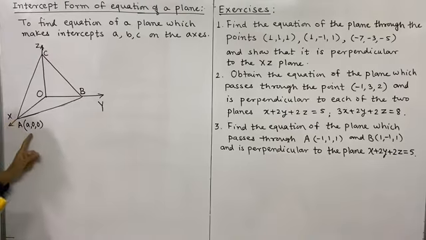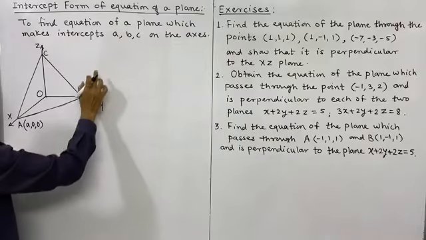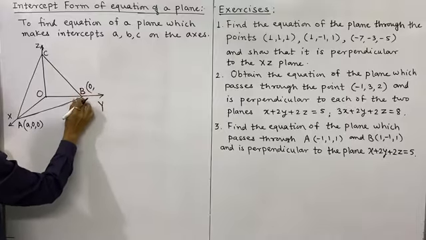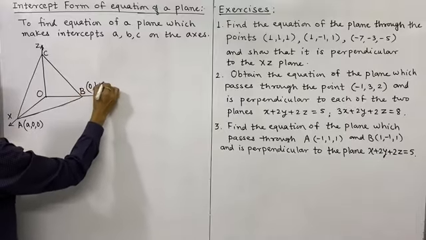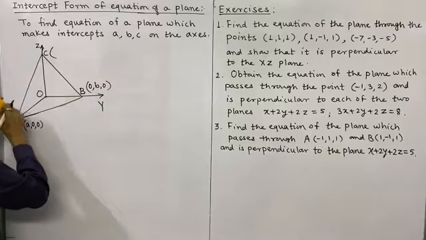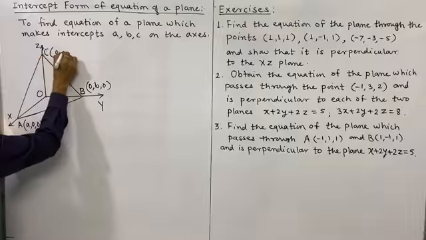On the x-axis the y coordinate is 0, the z coordinate is 0, and it meets the y-axis at point B, and the y-intercept is b, means the coordinates of this point B will be 0, b, 0, and similarly the point C will have coordinates 0, 0, c.